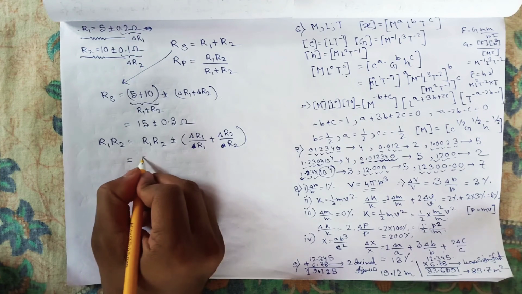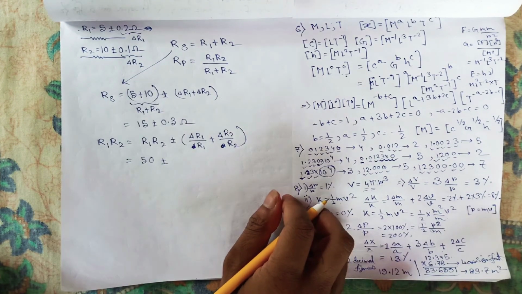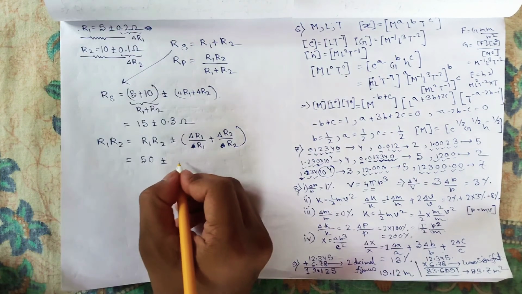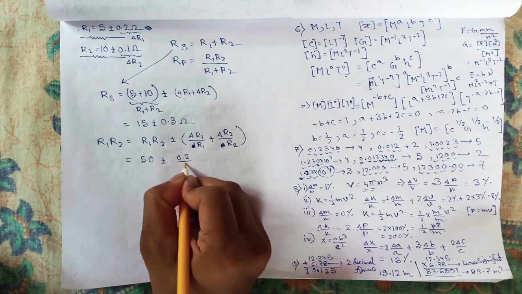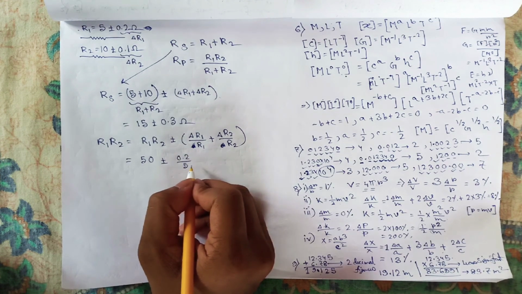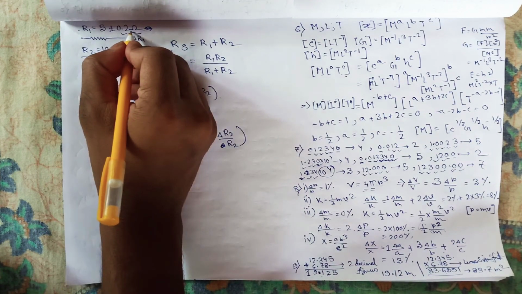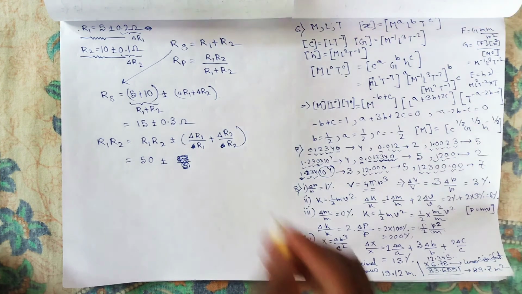So it will be 50 plus minus the relative error. 0.2 by 5, let's take it as percentage error. 0.2 ohm of 5 is how many percent? 0.2 by 5 into 100, it will be 4%.